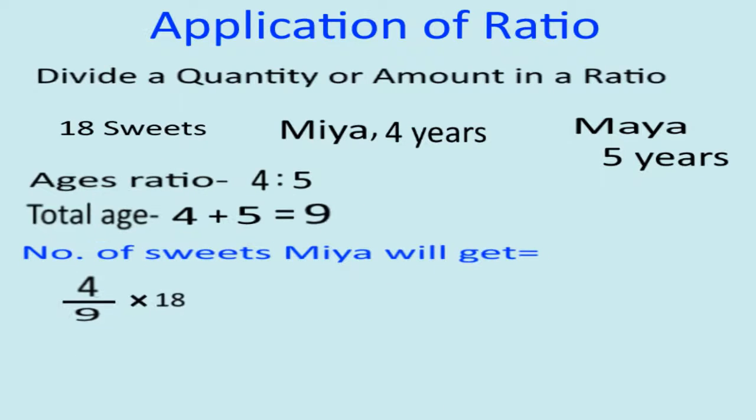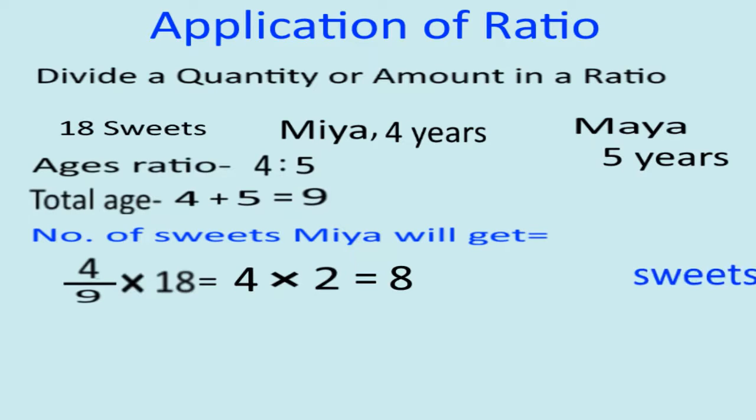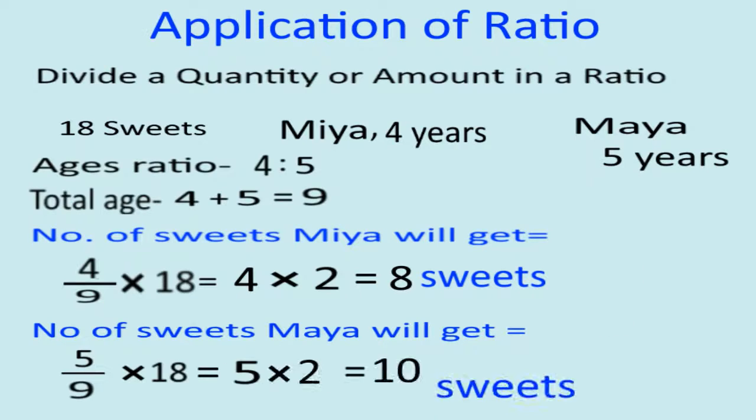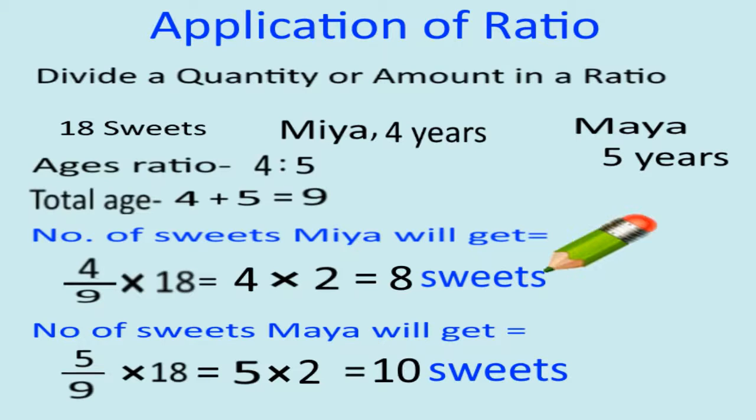Let us do it. That means, when 18 sweets are divided in the ratio 4:5, Mia gets 8 sweets and Maya gets 10 sweets.